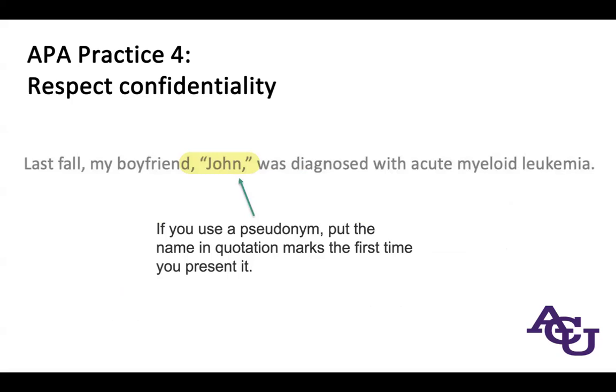If you want to give someone a synonym, you can put their name in quotation marks to reflect APA guidelines, or as Basil said, you could put the word pseudonym in parentheses after their name. Either will work. So I encourage you to apply this practice if you use pseudonyms for anyone you mention when you're sharing your personal anecdotes.